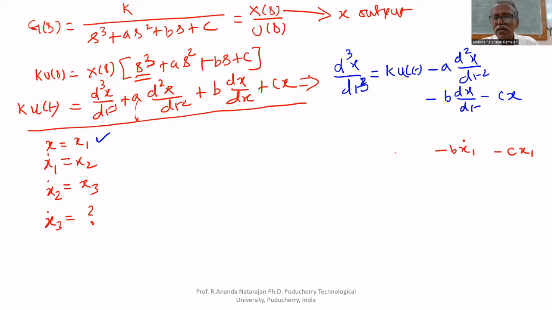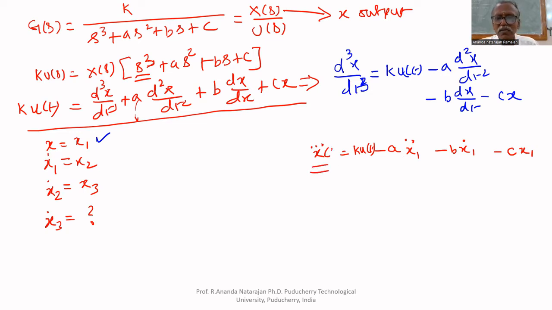What is a d square x by dt square? X1 double dot. Minus k u of t equal to x triple dot. Am I correct or not? All are derivatives. We can write like that.